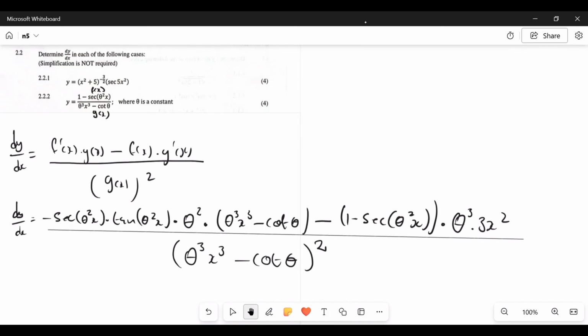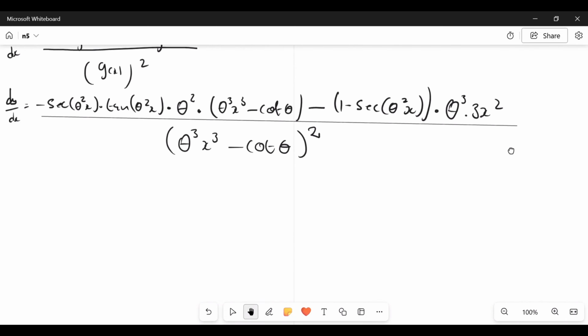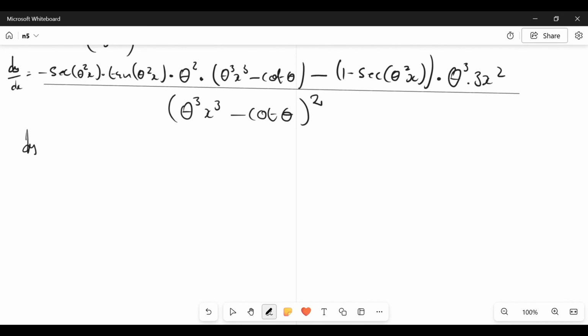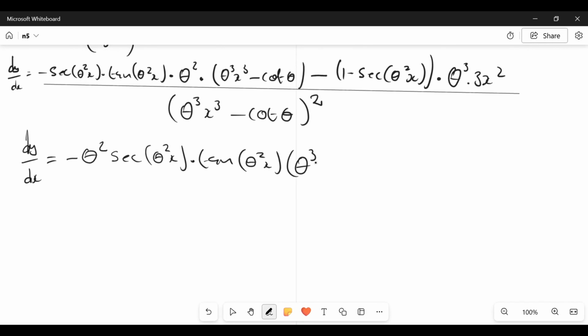Let me create some space so that we can do this one. So when we continue, dy over dx is going to be as follows. We can write negative theta squared multiplied by sec theta squared x multiplied by tan theta squared x. There we go. Multiply by theta cubed x cubed minus cot theta.